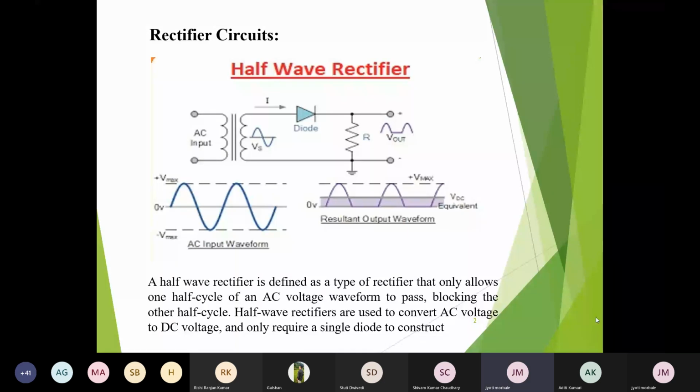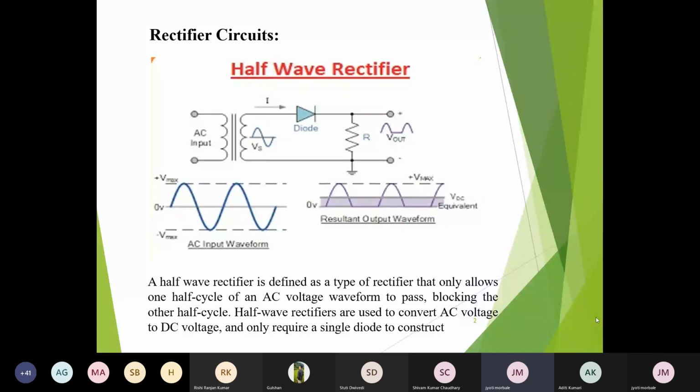The function of the transformer, limited for our practical purpose, is to step down the voltage obtained at the primary windings. If we want to convert 230 volt supply to 10 volt, this step down transformer does it for us.